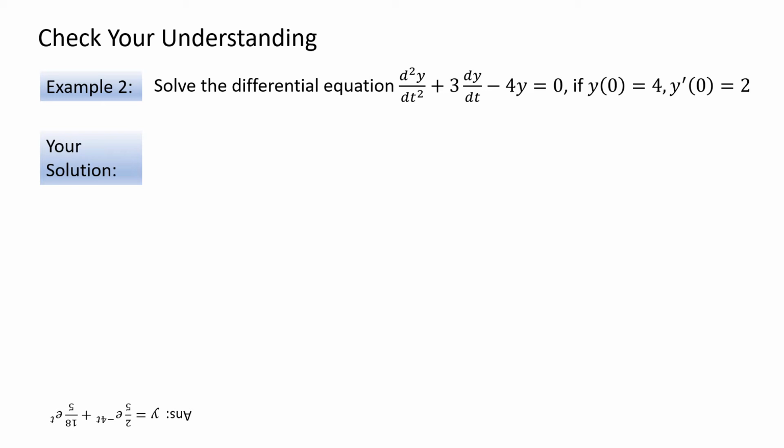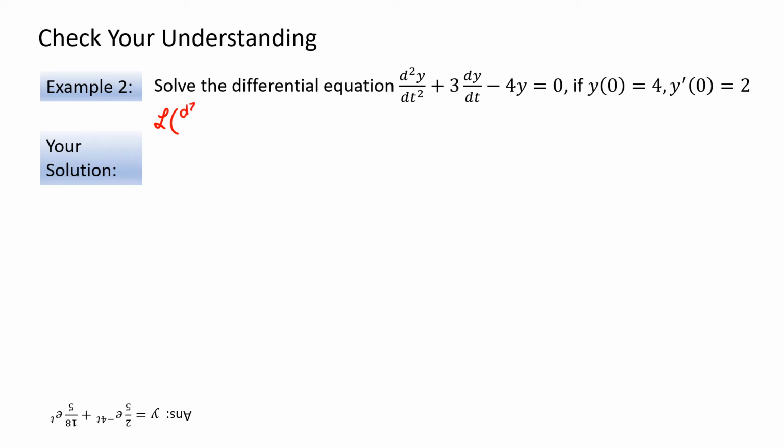So we're going to do these same steps that we followed in the first example. We're going to take the Laplace transform of both sides. So the Laplace transform of each individual function, remember because of the linearity property.